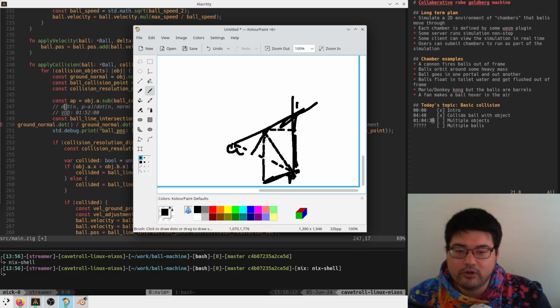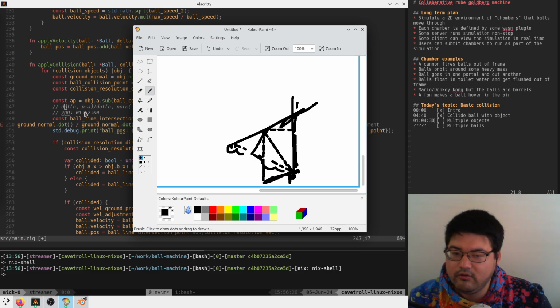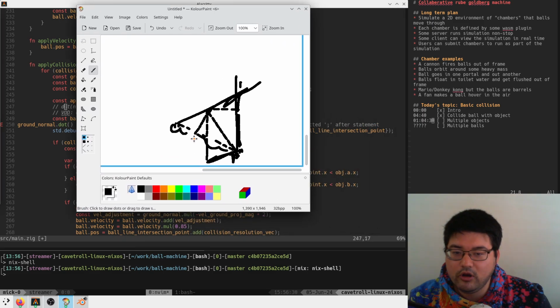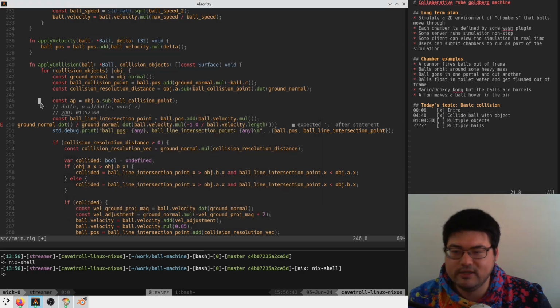So this is the normal dot product onto this line segment here. Then we divided that by the dot product of the normal onto the normalized velocity. So velocity is like this downwards thing, which is right. It was like a ratio thing. Yes. Okay.